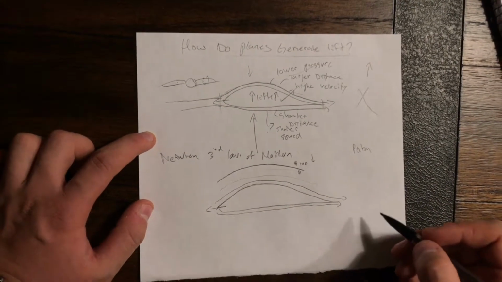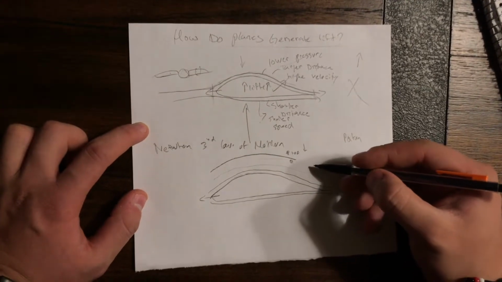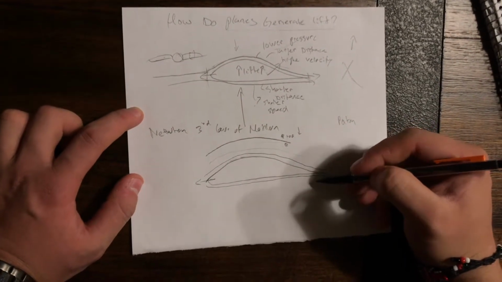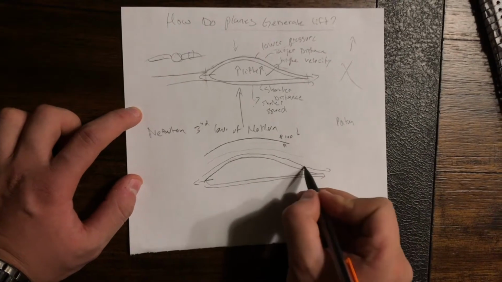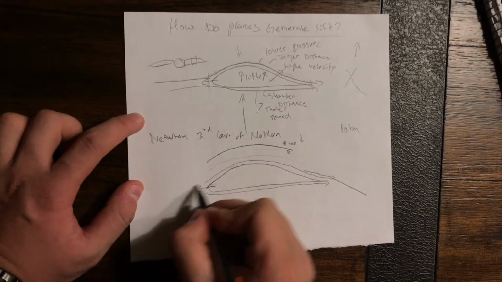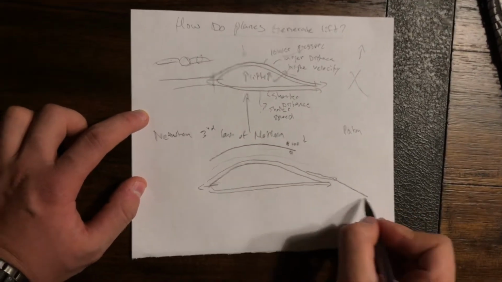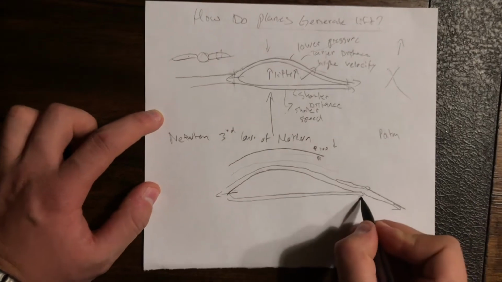Now, Newton's third law says if you push something with a certain magnitude, it will push the other way with the same magnitude. So, if we see here, it's pushing the other way, deflected in the other direction as the plane is moving, and downwards, as so.